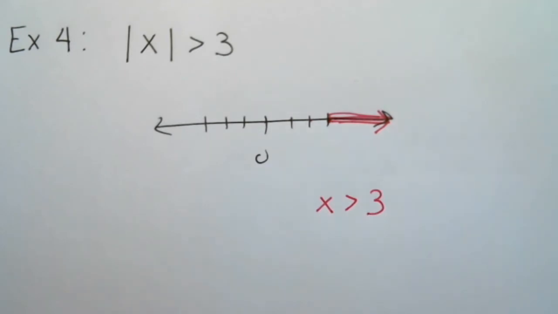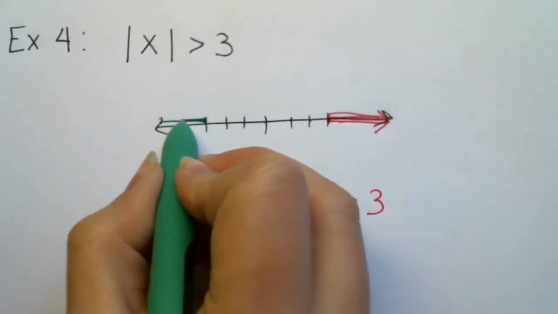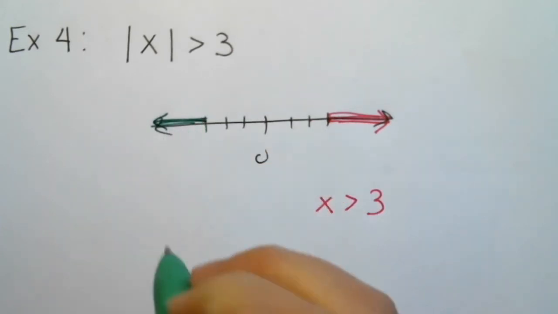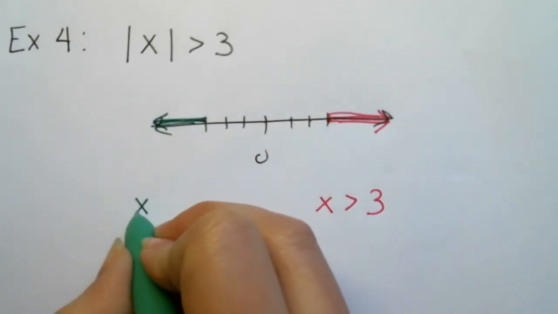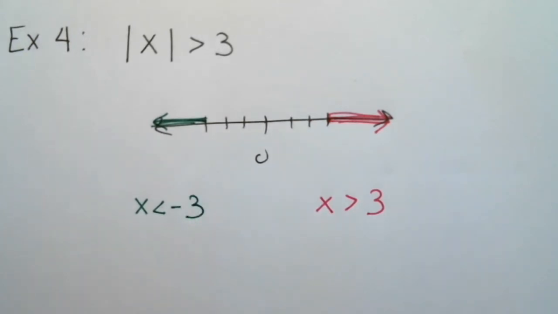Now I'm going to go in the other direction. When I go out this way 3 units and then I look further away, that's going to be over here. And you can see that this corresponds to the numbers where x is less than -3.